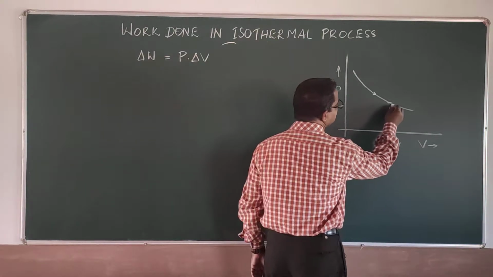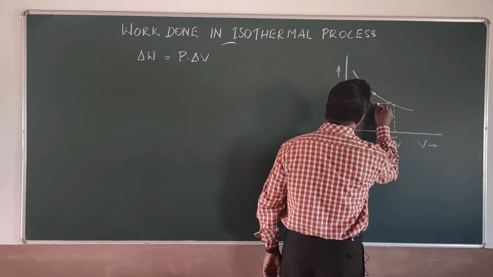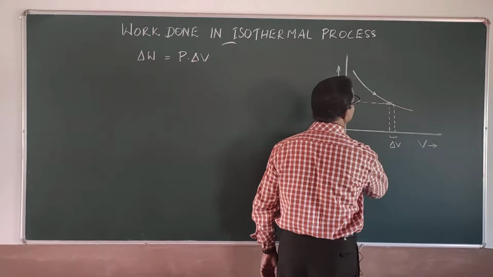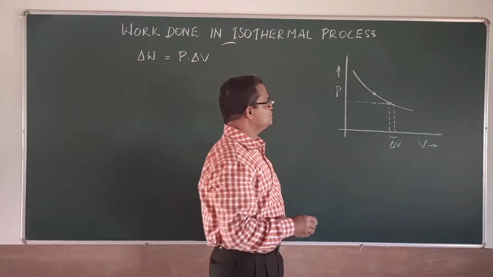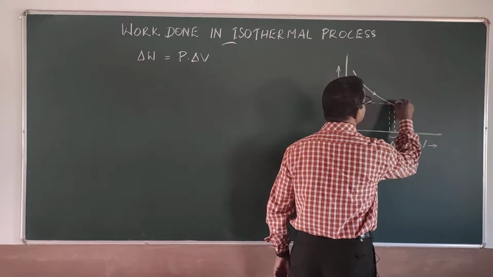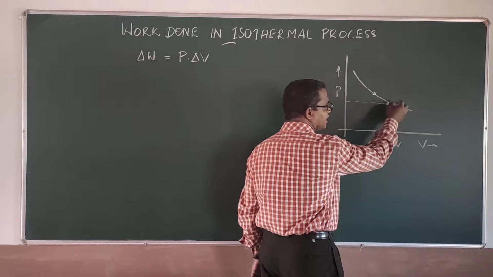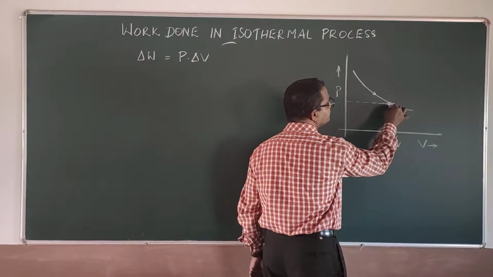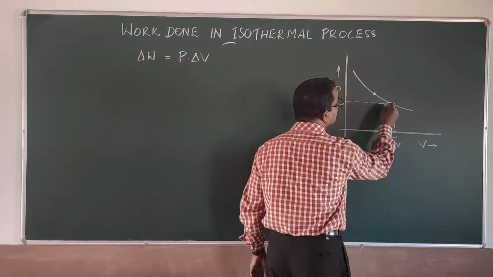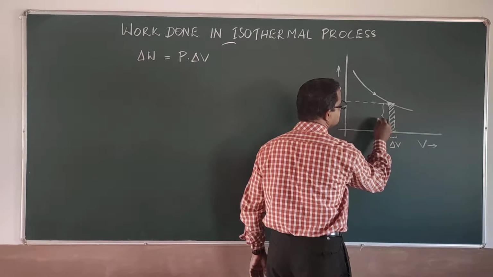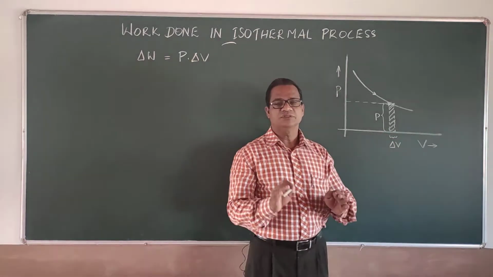But as we consider the case of pressure, that pressure remains almost constant for that small portion. So here I can take this in the form of a rectangular strip. For this rectangular strip, this is the pressure and this is the corresponding change in volume.